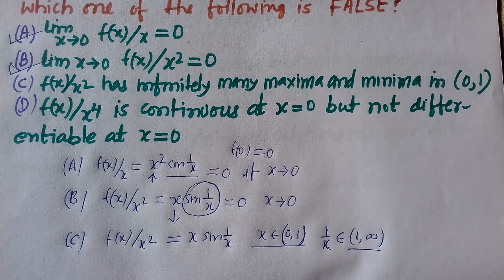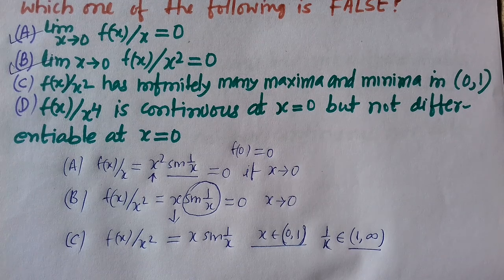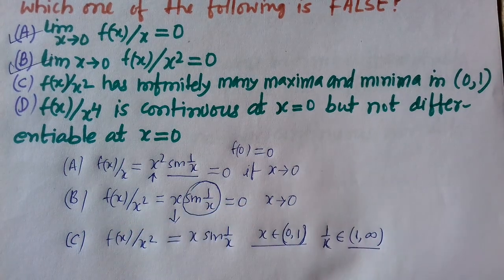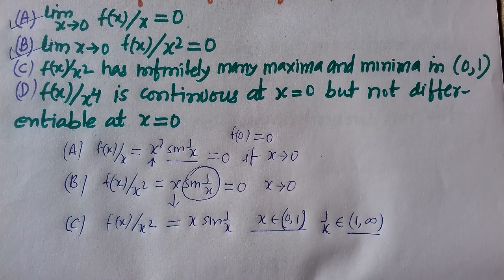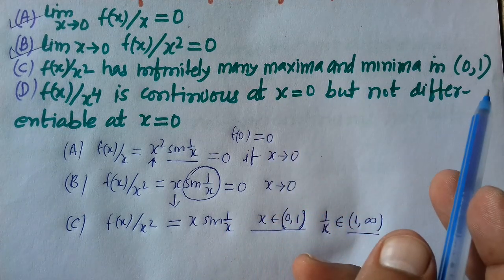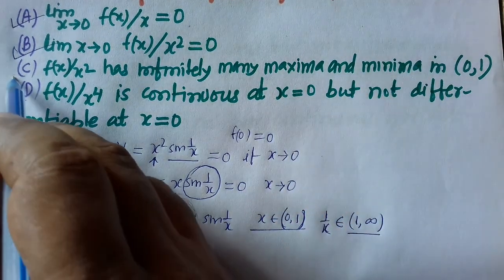So for x from 0 to 1.57, sin x is 0 to 1, and sin 1 by x repeats this interval 0 to 1 many times in this interval. So there are infinitely many maxima and minima in 0 to 1. So C is correct.